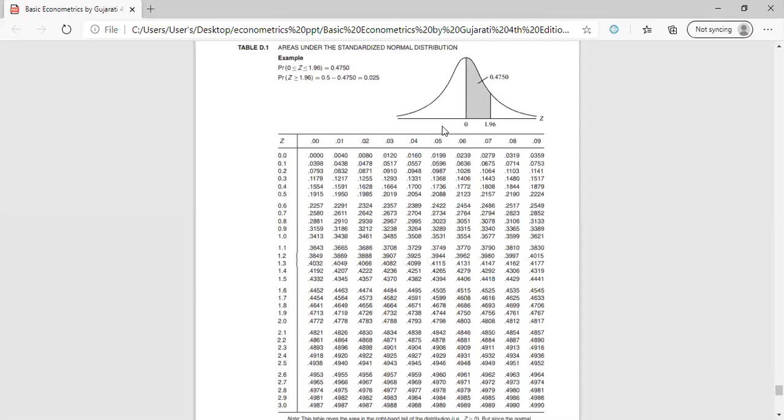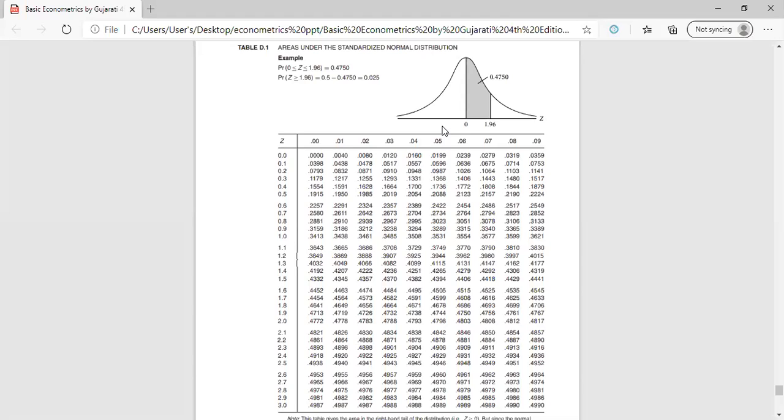Professor, first I got 21 minus 30 divided by 4, and I got minus 2.25. Yeah, that's what I'm giving you. So the probability that Z lies between minus 2.25 and 1.96.